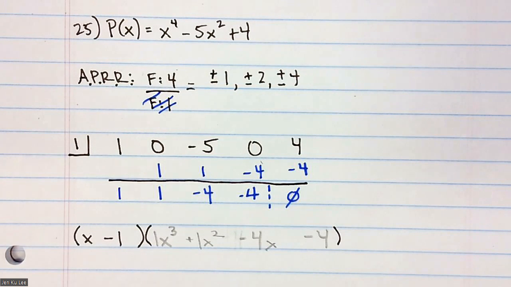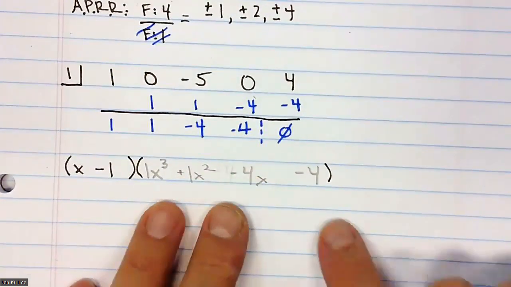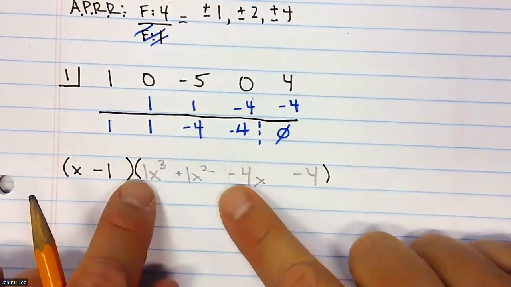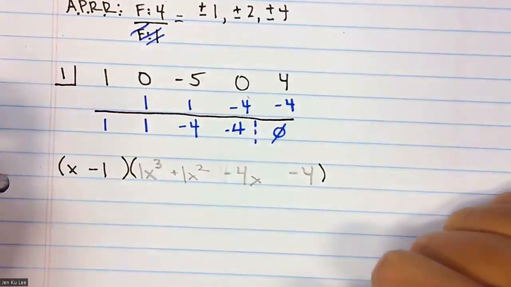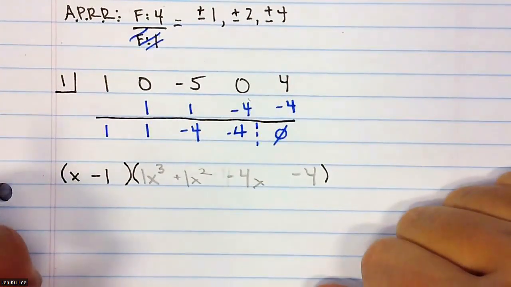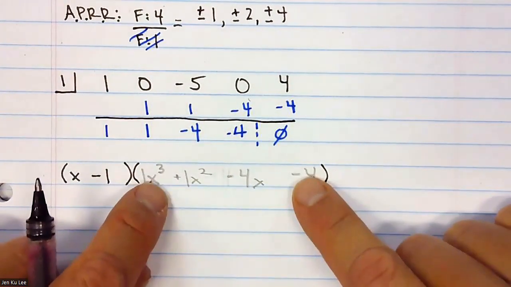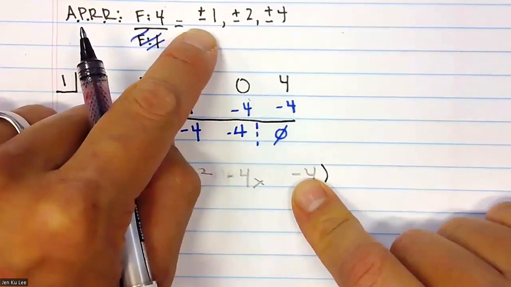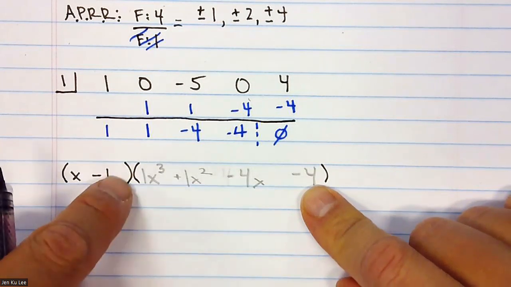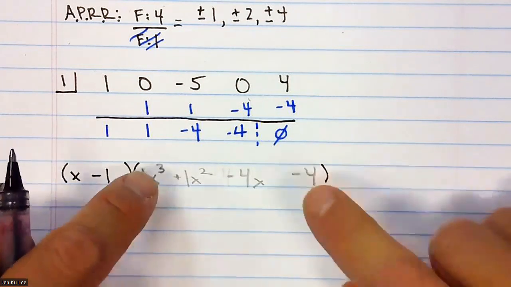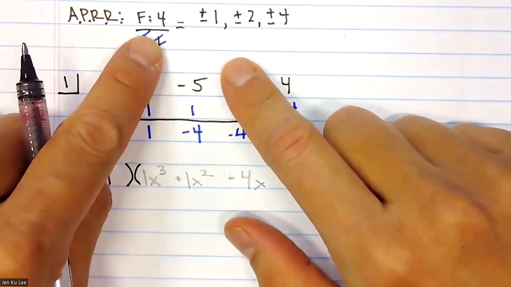But notice, I cannot factor this out, and I can't factor out an x cubed. So I got to do this process over again, okay? Sometimes you do luck out because you don't need another of these lists. If your constant was different, and if your leading coefficient was different, then we would need to make this list.